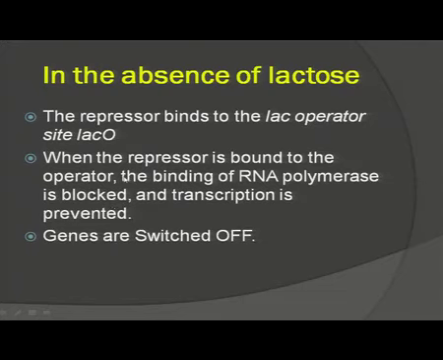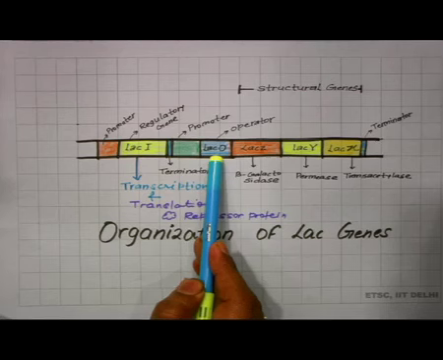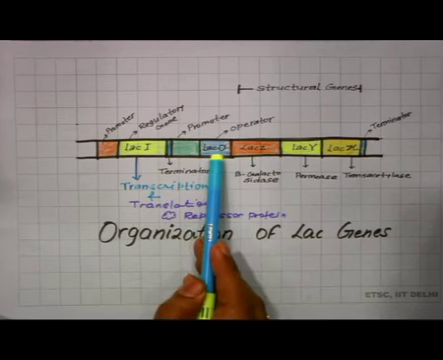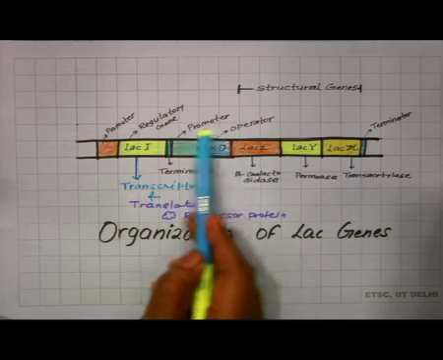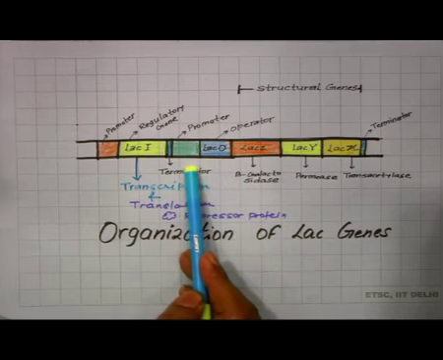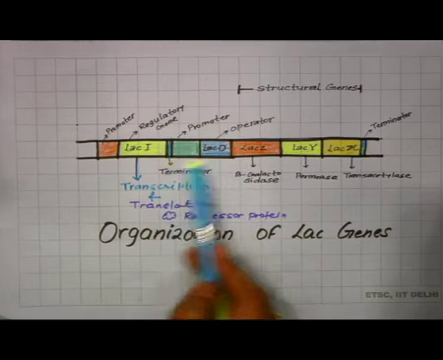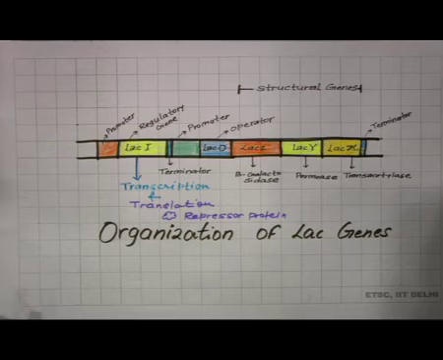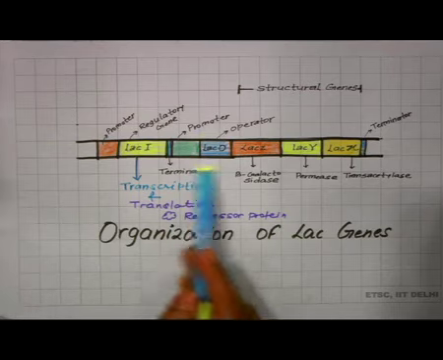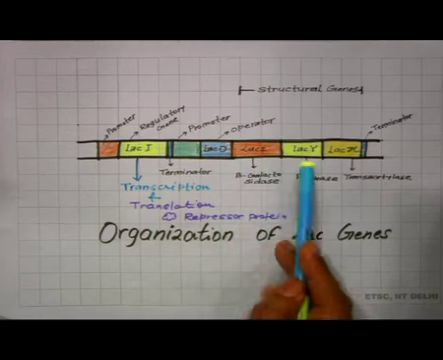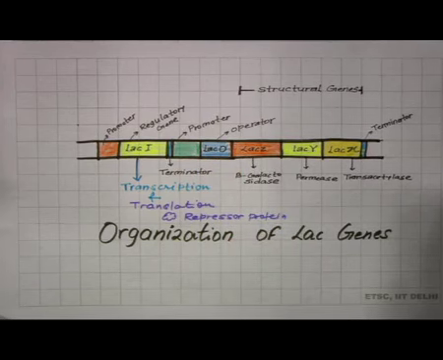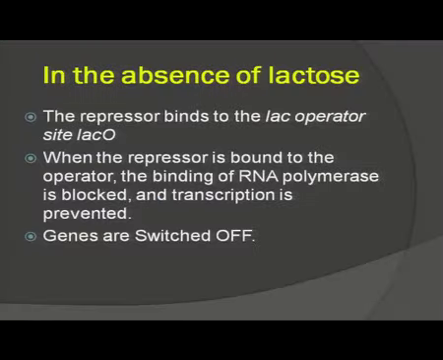As you can see, the operator is just downstream to the promoter. So, if the repressor is binding over the operator, the RNA polymerase cannot bind over the promoter, and without the binding of RNA polymerase over the promoter, transcription cannot occur. So, if lactose is not there in the media, the gene will not be expressed.